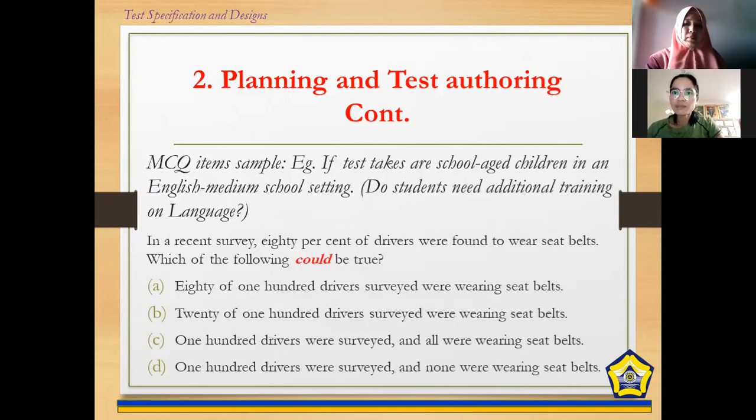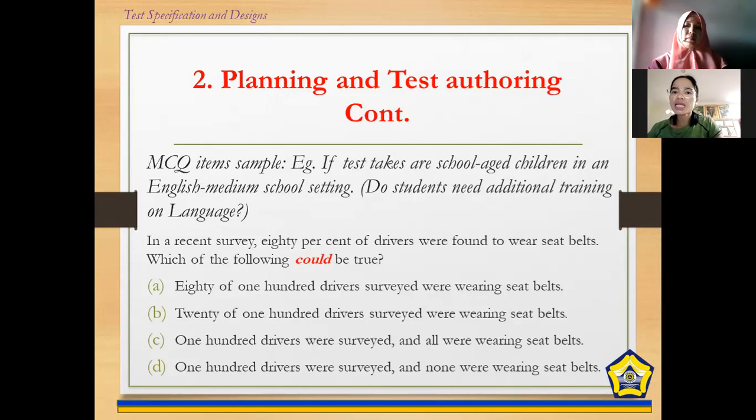Continuing with MCQ item sample example: if test takers are school-age children in an English medium school setting, do students need additional training on language? In a recent survey, 80% of drivers were found to wear seat belts. Which of the following could be true?